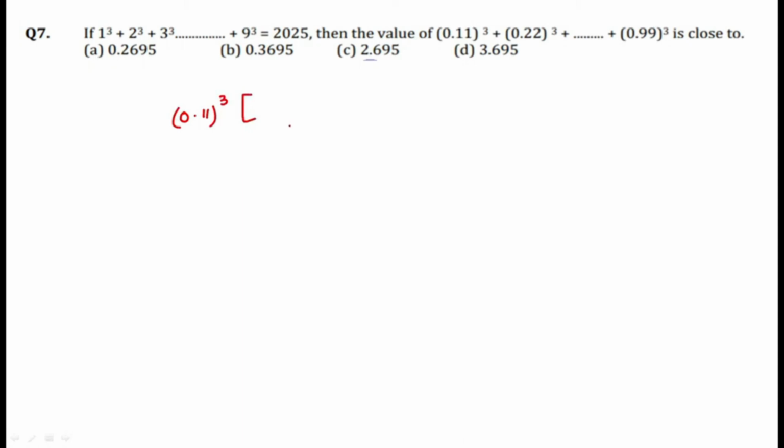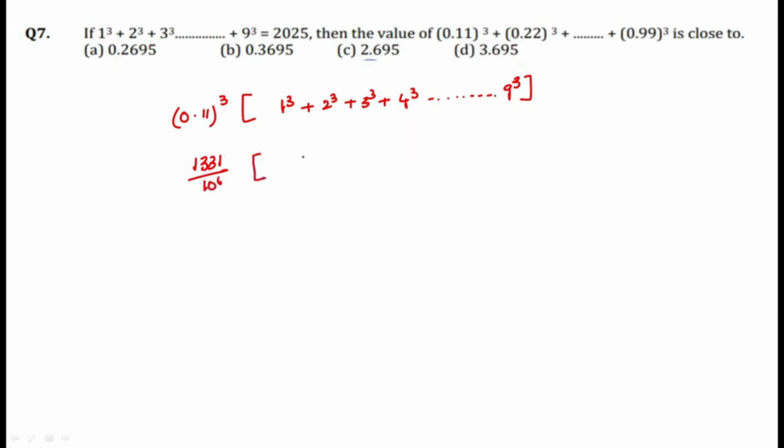If you take 0.11 cube as common, we are left with the common part of 1 cube, 2 cube, 3 cube, 4 cube, up to, now the value of 0.11 cube is 1331 in the numerator, and in the denominator we have 11 by 100 cube. So 10 power 6, directly you can consider 10 power 6.